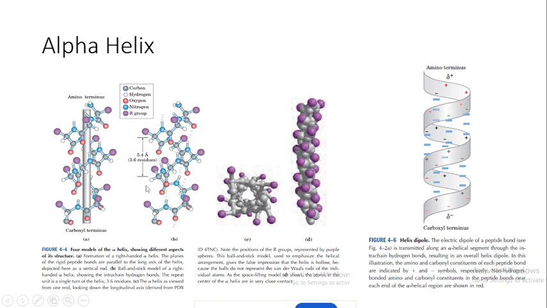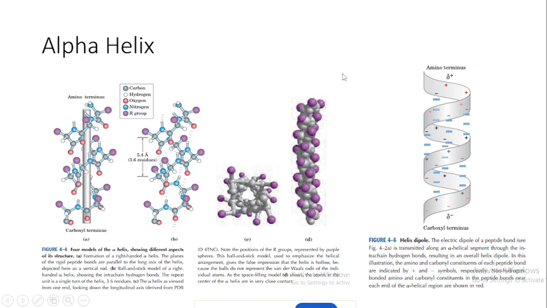So per loop there are 3.6 residues and the length is 5.4 angstrom. Sir, helical pitch means the length of each loop. Okay.